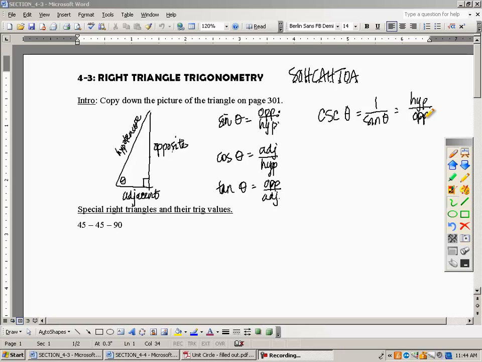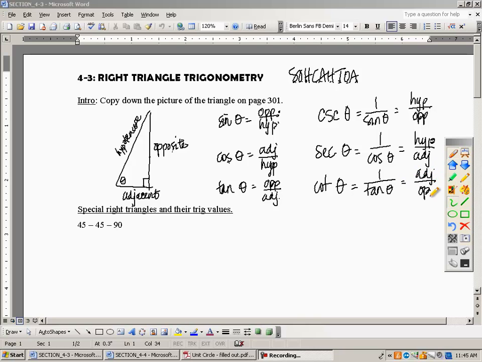The reciprocal of a cosine is the secant of an angle, which is the hypotenuse over the adjacent. And the third one, cotangent, is the reciprocal of a tangent, which means it's the adjacent over the opposite.